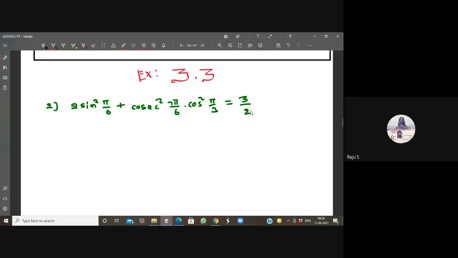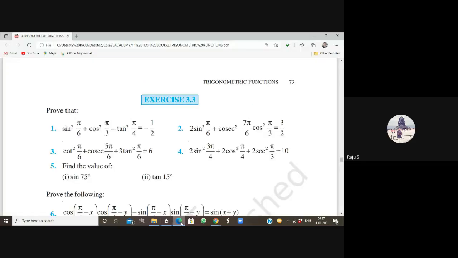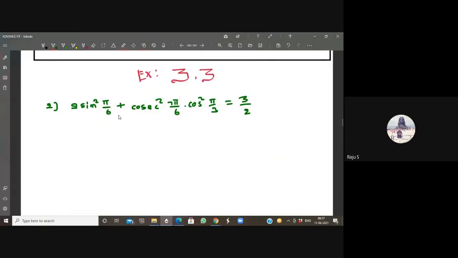We have to show that, we have to prove that this LHS is equal to RHS. It's not at all difficult.